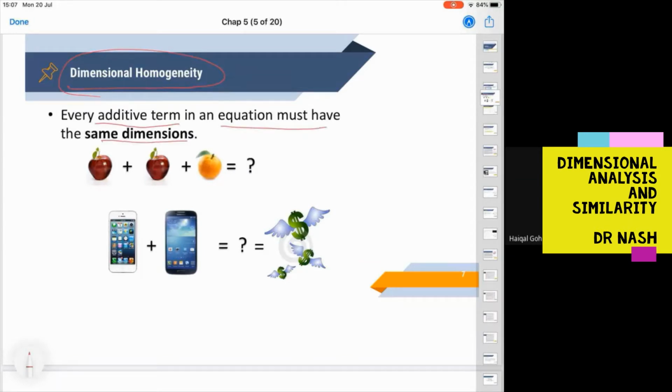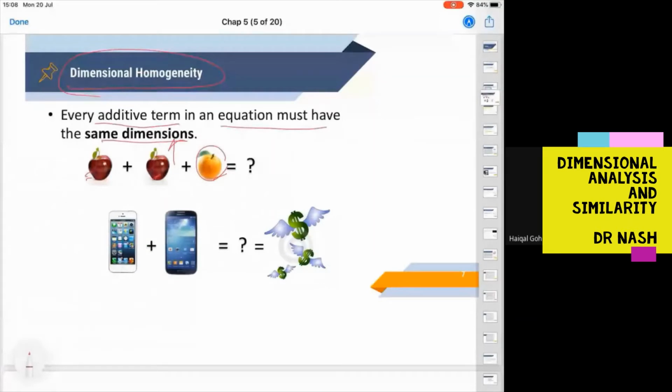For example, like apple plus orange. Can we calculate that way? No, cannot. It has to be apple and apple, maybe this apple is bigger or this apple is smaller. But when you add it with the orange, it's not in the same status or in the same equation theory. So it cannot be done like that.